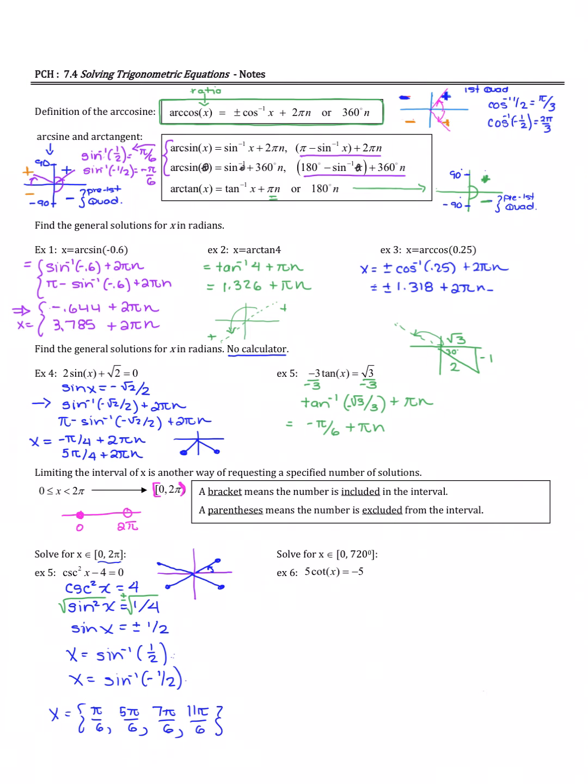Now, if you're not sure and you actually want to work it out, it's more work, but you're more than welcome to do it. It just makes it so much more work to do it this way, but I will do it. So if I'm going to be really good about this, I would say this is going to be plus 2 pi n, and this one would be plus 2 pi n.